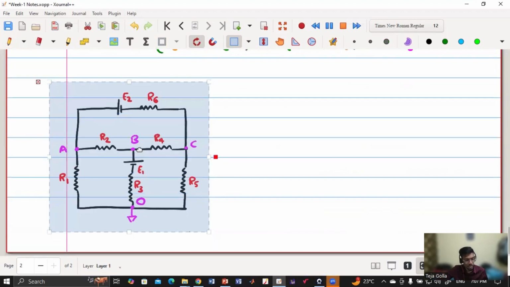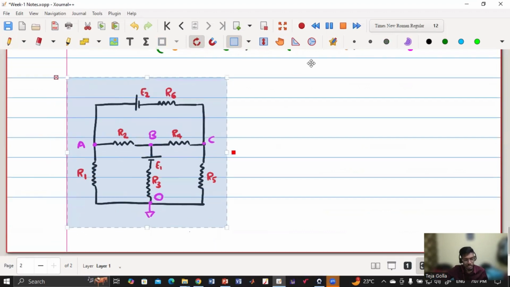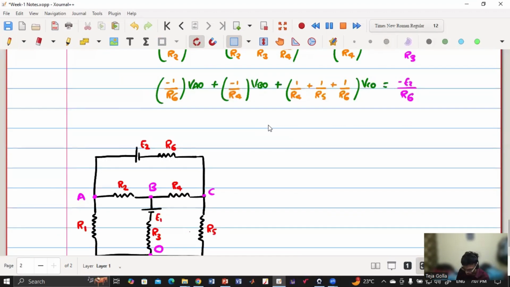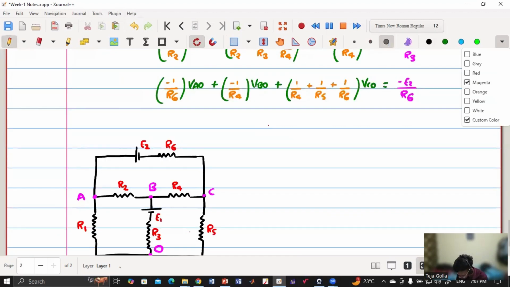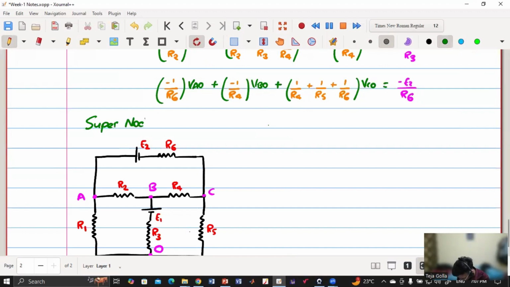No, sir. Okay, so now we'll quickly go into something called super node. So similar to super mesh, there is super node. So when do we have to apply this? Similar to super mesh, when the super mesh happens, when there is a current source that is shared between two meshes. So when the supernode happens, something exactly opposite.